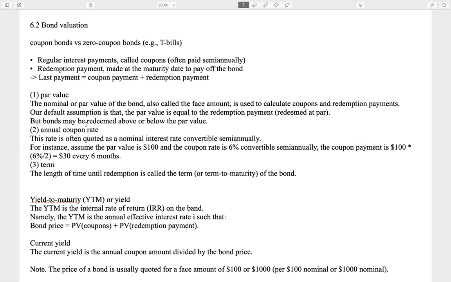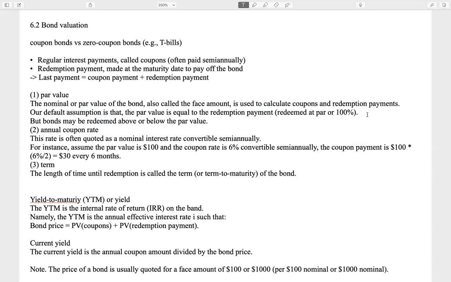And our default assumption is that the par value is equal to the redemption payment. So that means it's redeemed at par. Sometimes we also call it redeemed at 100% because it's equal, right? 100% is 1. It's the default assumption, but that does not mean we always assume that.